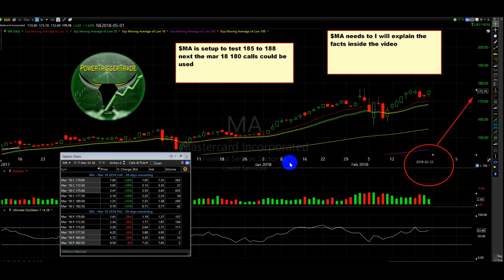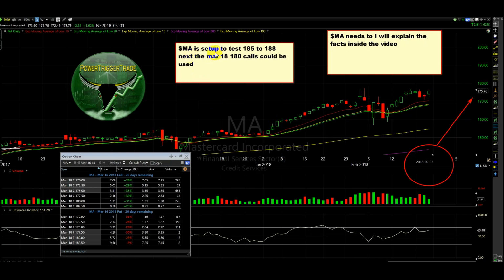When you're in my group, we are in the high probability setups only. Unlike a lot of other services out there that need 15 to 20 picks because they don't know what they're doing, compared to Power Trigger Trade. I am the big picture expert. Now, let's get to the plan, people.